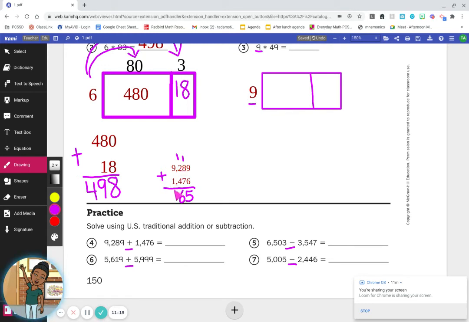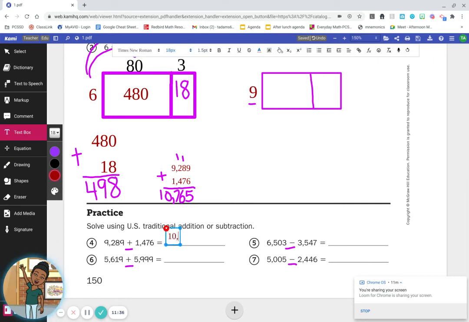And 3 plus 4? 7. 9 plus 1, my last place value, my thousands place, equals 10. So my answer is 10,765. I'm going to type that neatly on my line. I had to line up my place values.